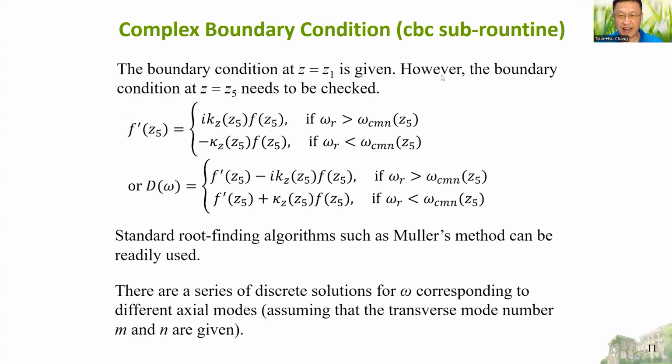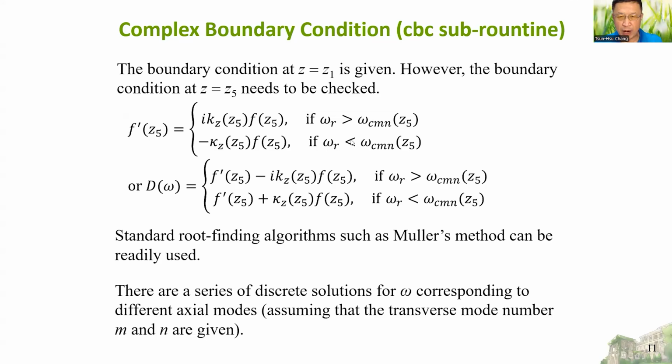It's a relative value. However, the boundary condition at z5 needs to be checked. Check the correctness. It's a complex boundary condition, CBC. So we have a subroutine to help us check this one.